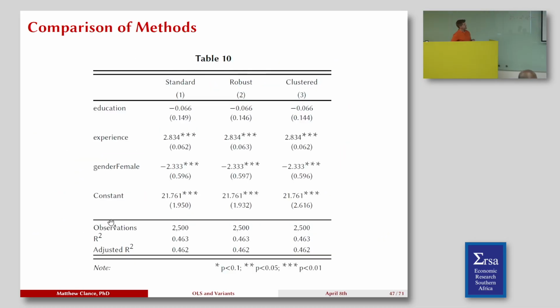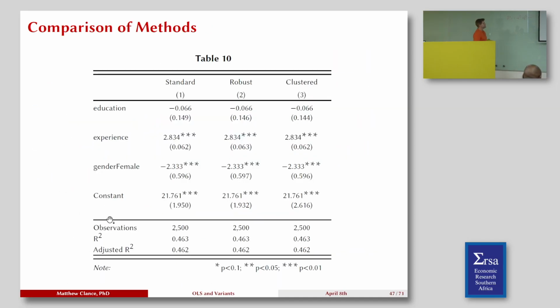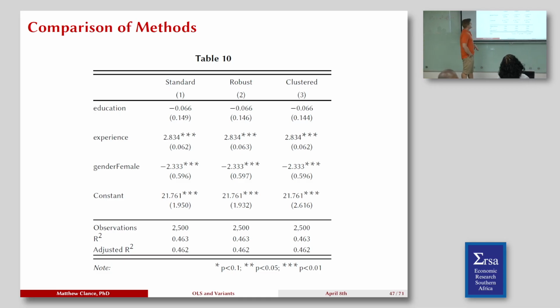So from that, we could run a standard model from those outcomes. Basically, I have our standard, I have our robust, and I have our clustered. You can see there's not much difference. We're sort of focused on the education here. Remember, this is meant to be an after regression. We're making those adjustments after.